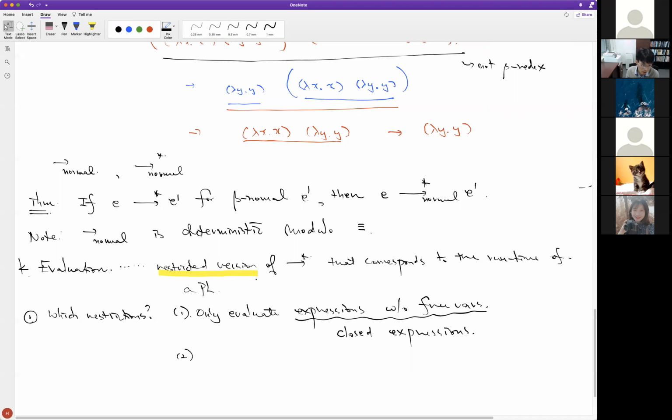The second thing is that we don't evaluate the body of a function unless the function is applied.